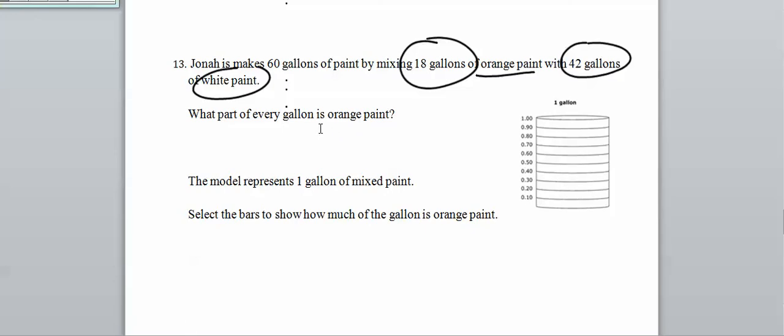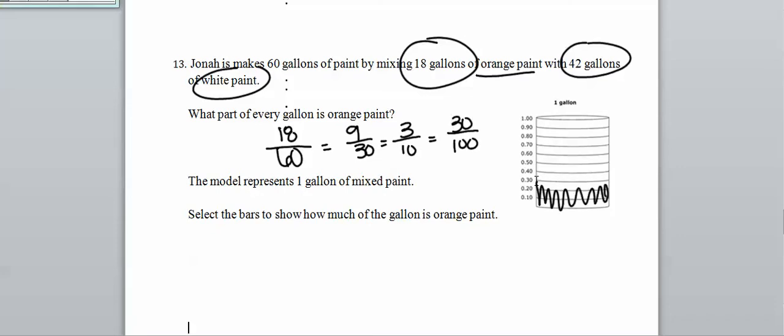Okay, so we're looking to see what 1 gallon would be. So he's got a total of 60 gallons and 18 of them are orange, which is 9 out of 30 or 3 out of 10, which is 30 out of 100. So this right here, all the way up to this line, would be orange paint.